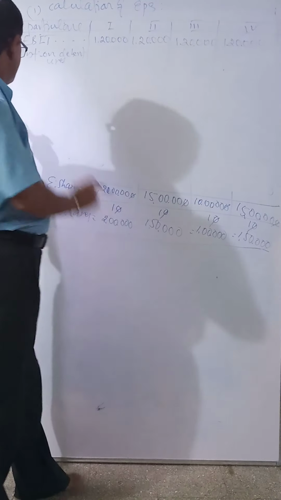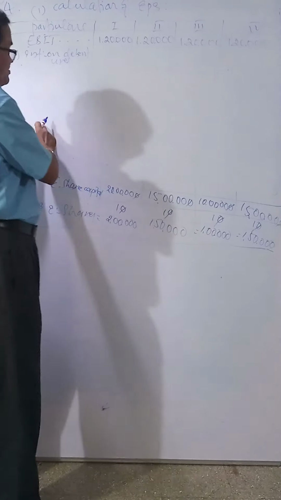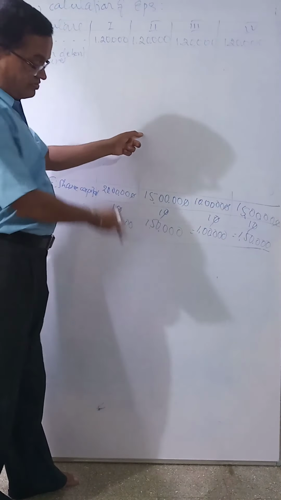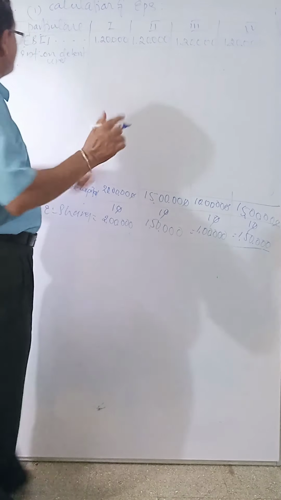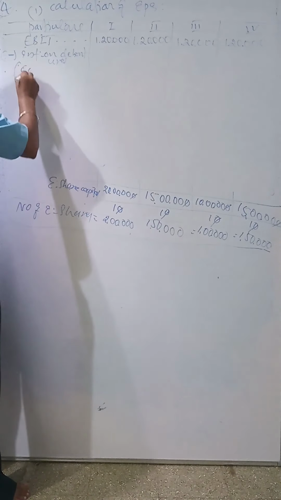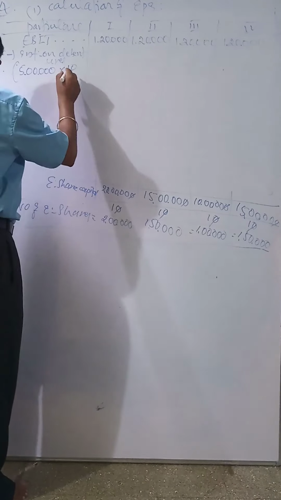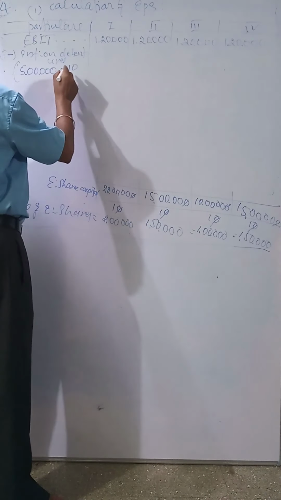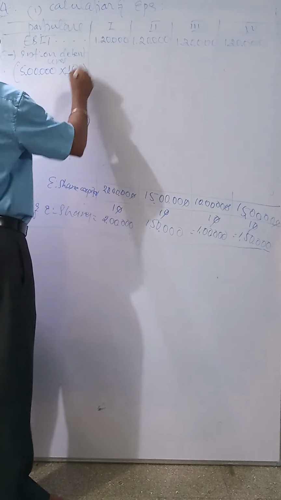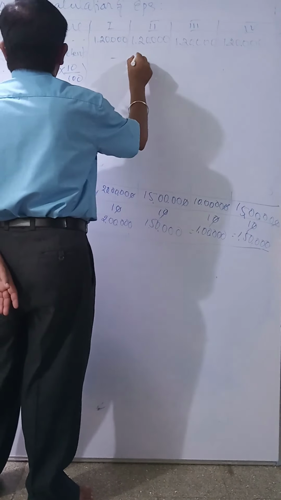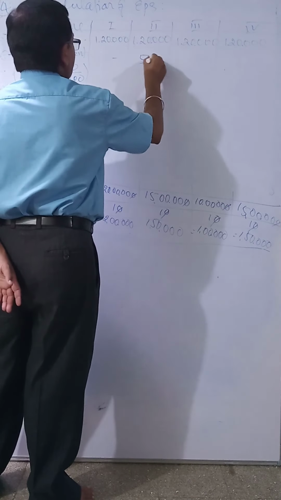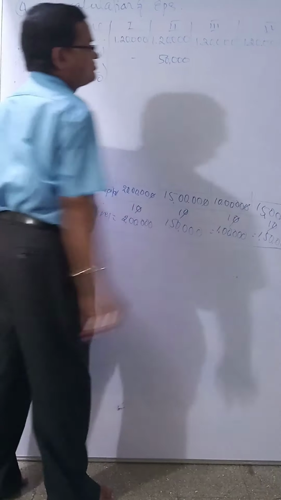They gave it, I wrote it. The working: 5 lakh into 10 divided by 100, that is 10% interest, which is 50,000.